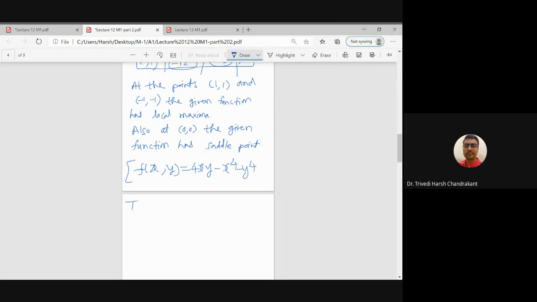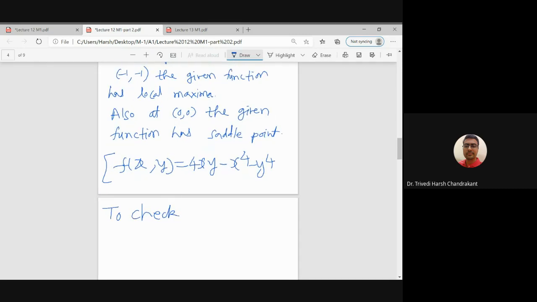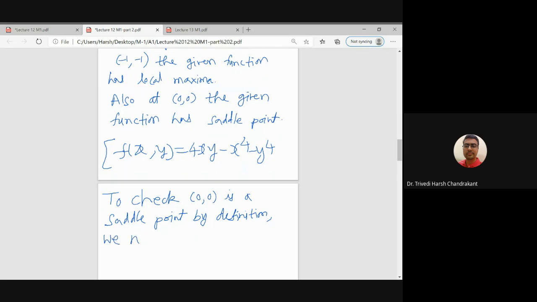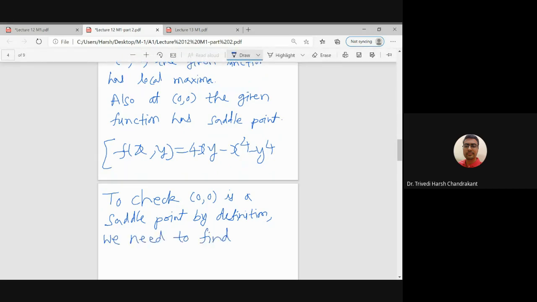So to check that (0, 0) is a saddle point, by definition we need to find what we need to show.